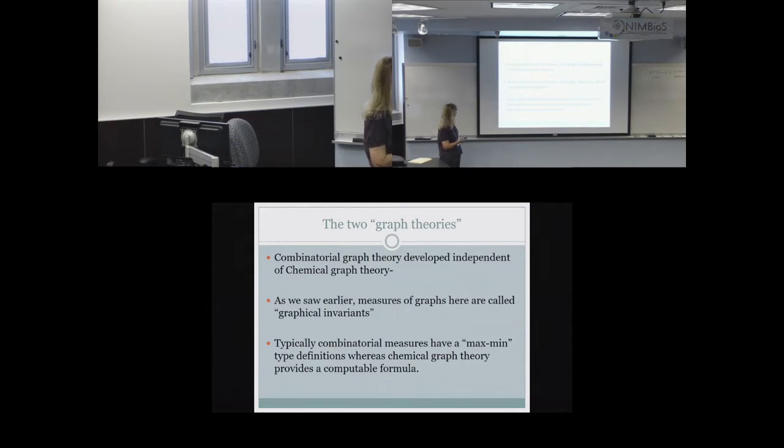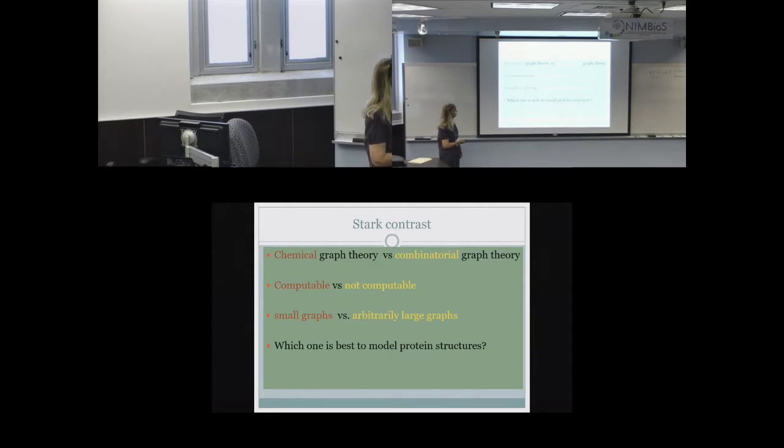Okay, so as I mentioned, in combinatorial graph theory there was a large focus on max-min and combinatorial optimization sort of things. How far can you push the graph before you force this to happen? So these are quite different, because in chemical graph theory they're computable, like we just computed the Balaban index, whereas the domination number, for example, is not, unless you have a small graph.